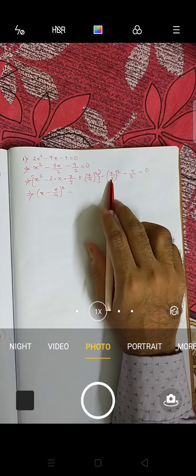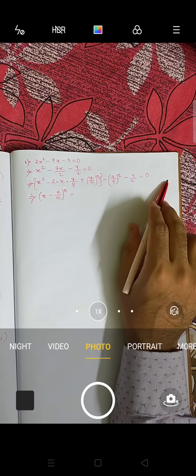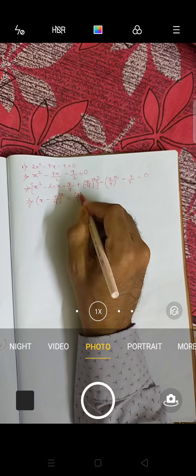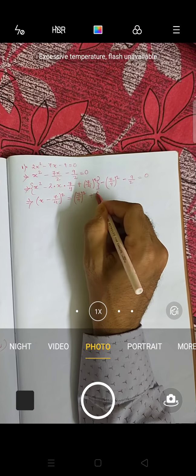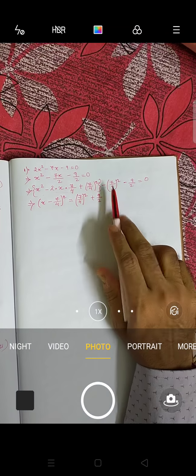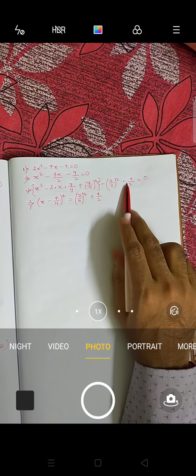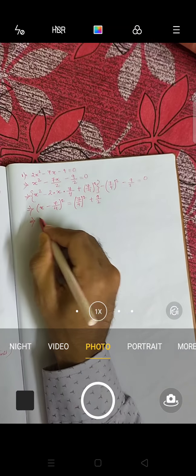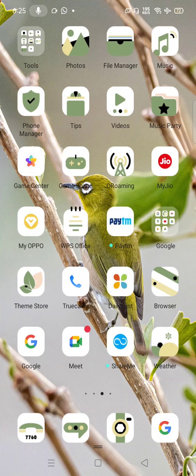Now these two numbers, I'll transfer there. So I'll be having 7 by 4 whole square plus 9 by 2. This was minus, so it becomes plus. Now this is x minus 7 by 4 whole square equals to 49 by 16 plus 9 by 2.